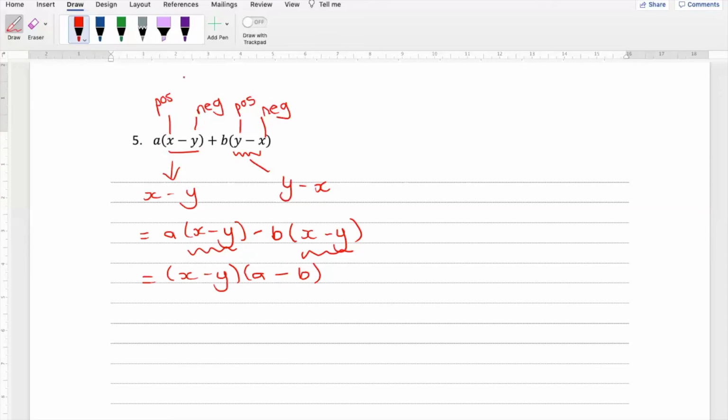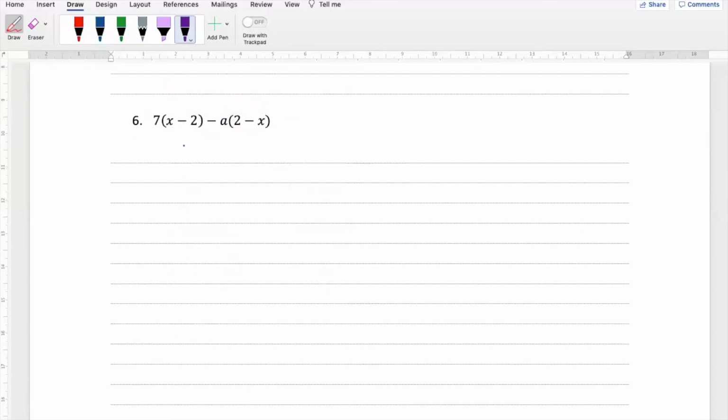I'm going to do one more example of these because this can be really tricky. Okay, so here I've got 7 times (x minus 2) minus a times (2 minus x). So here I've got an x minus 2, but here I've got a 2 minus x. Again, this x is positive, but this one is negative. This 2 is negative, but this 2 is positive. So they're not exactly the same. So what I'm going to do is I'm going to change the second bracket.